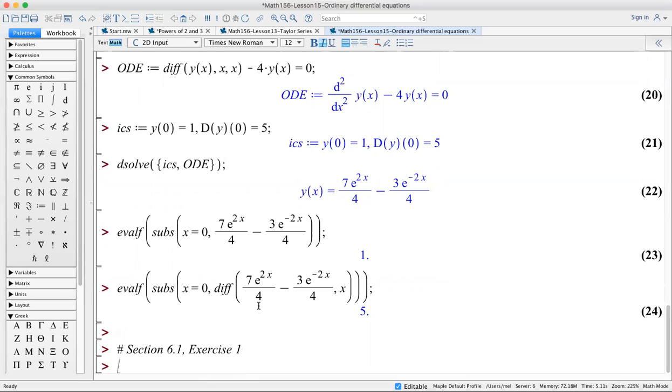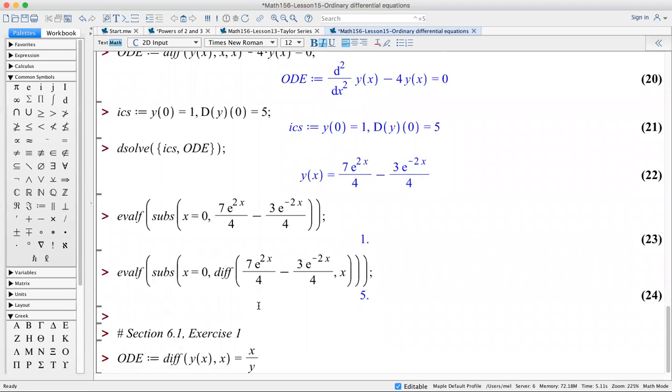Exercise 1. So we have the ordinary differential equation, ODE. We let this be the first derivative of y of x with respect to x equals x over y.